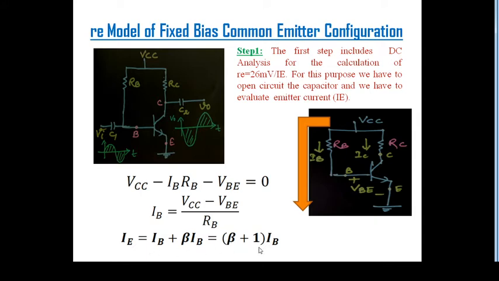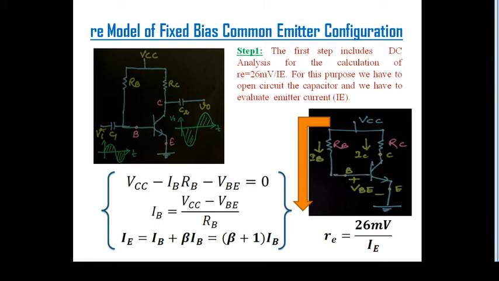Through this re model, we also become familiar with DC analysis, which is very simple. You just apply Kirchhoff's voltage law and find the value of IB. Then IE is IB plus IC, and IC equals beta times IB, so this becomes beta plus 1 times IB. Very simple. This is the DC part. Now the re value is 26 millivolt by IE.